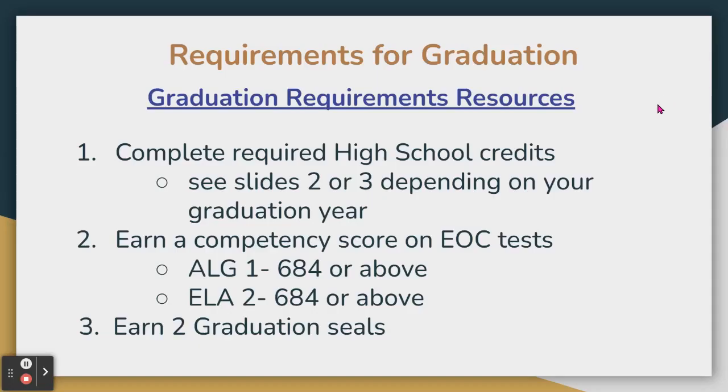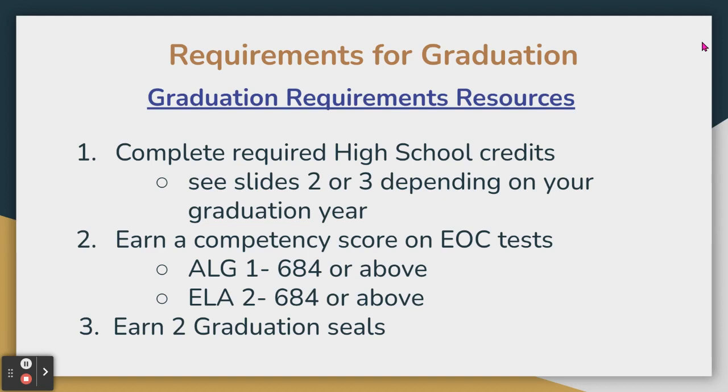Requirements for graduation. There is a graduation requirement presentation as well as a tracking sheet available on the resources link provided. There are 3 parts to graduation in Ohio. Wyoming students need to complete their 21 or 21.5 required high school credits, depending on their graduation year.